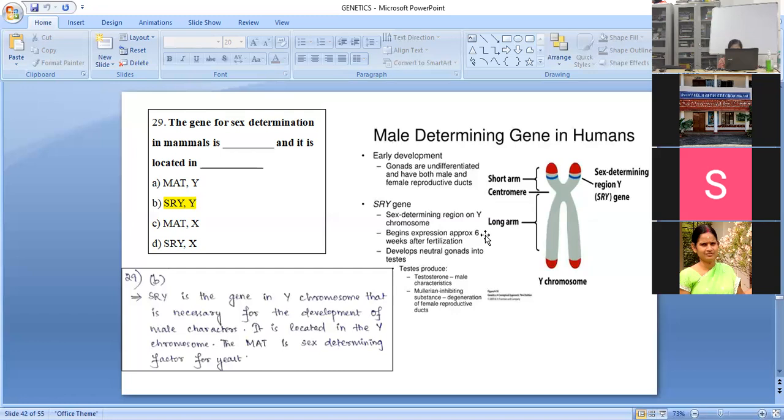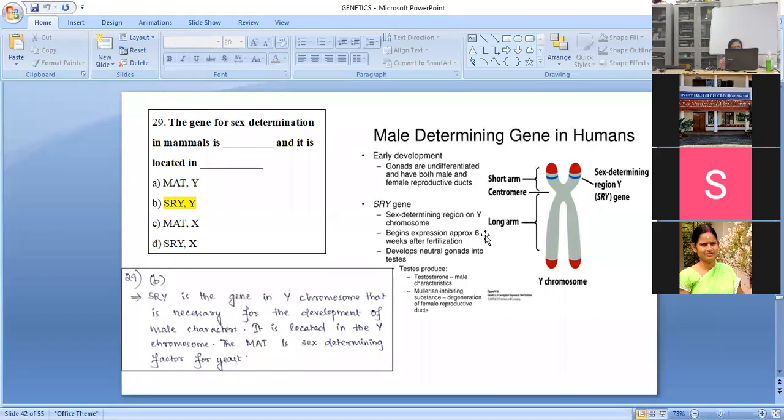This particular gene begins its expression approximately 6 weeks after fertilization and develops neutral gonads into the testes. If the SRY gene is expressed, it will form male gonads, the testes. And if the WNT gene is expressed, then ovaries will be formed.